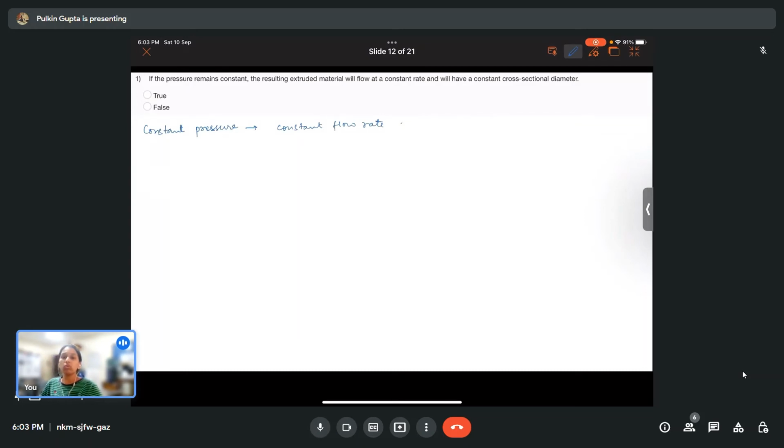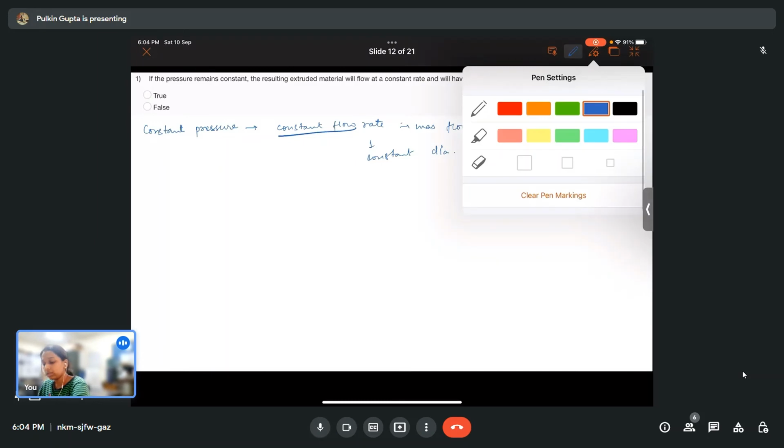And when your flow rate is constant, that means a fixed mass flow per unit time, and this will ensure a constant diameter as well. So the correct answer is true.